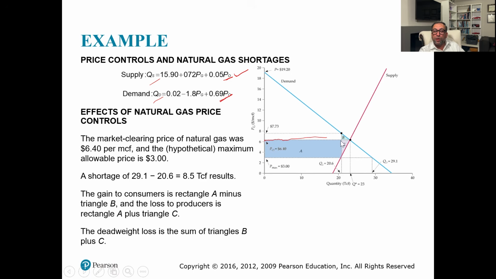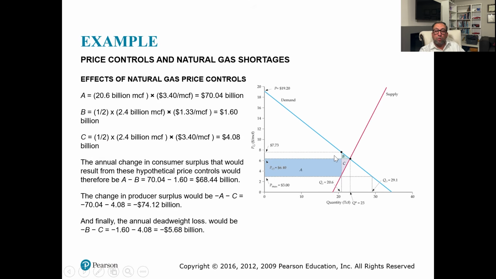A is a loss to the producer, as well as C. The deadweight loss is the sum of triangle B and C. B is a loss to the consumer and C is the loss to the producer.